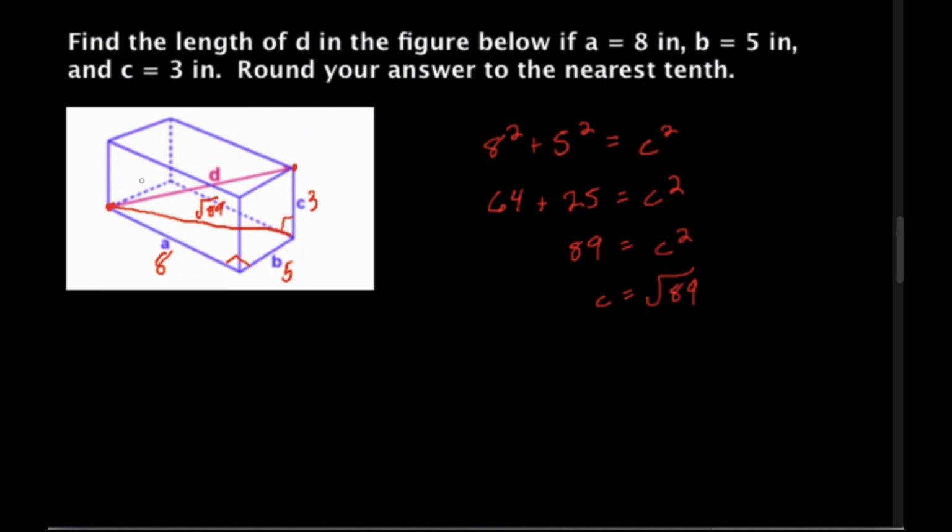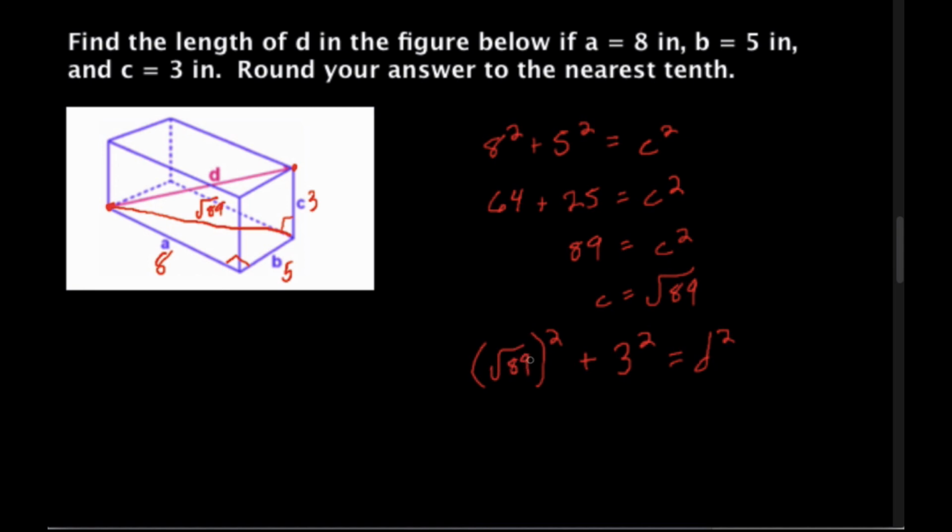Here's one leg, square root of 89, a second leg, 3, and we're going to try and find the hypotenuse, D. So we've got the square root of 89 as our first leg, and we're going to square that. Our second leg is 3 units long, and we're going to square that, and that should be equal to D squared.